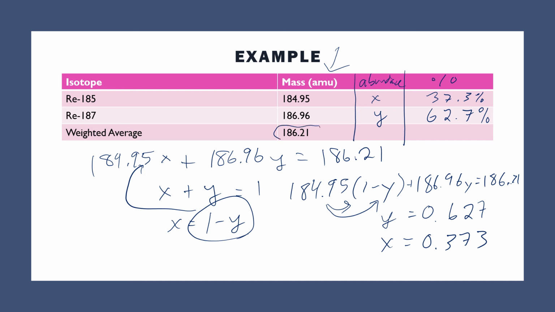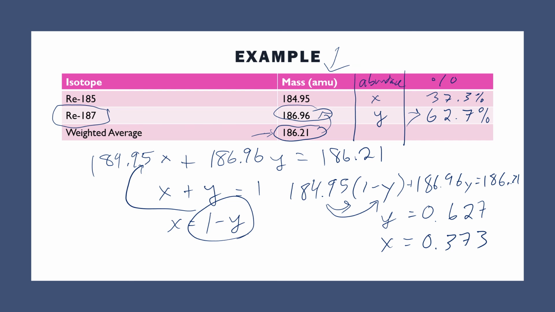Since our weighted average is 186.21, it makes sense that Y, or this isotope, is more abundant, a greater percentage, because the weighted average is much closer to that value. So the greater abundance, the more it's affecting our average.